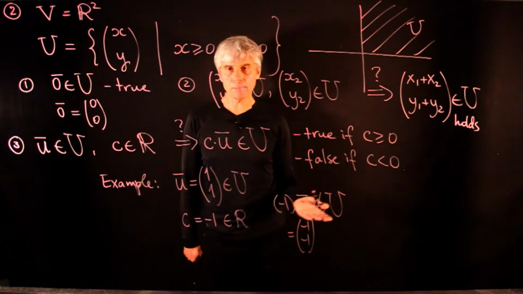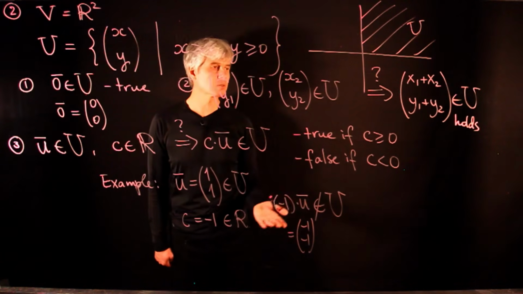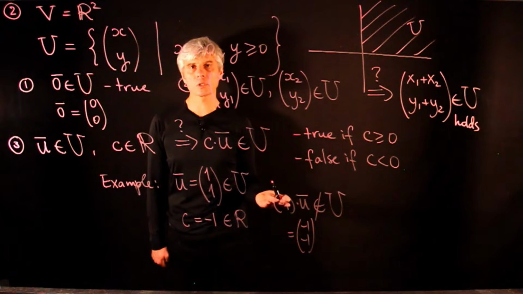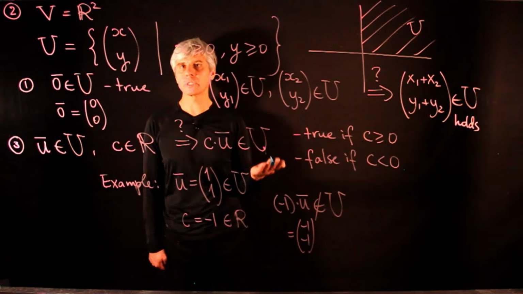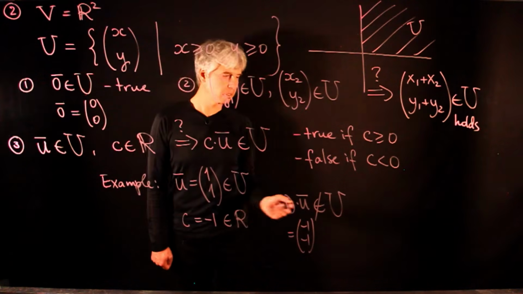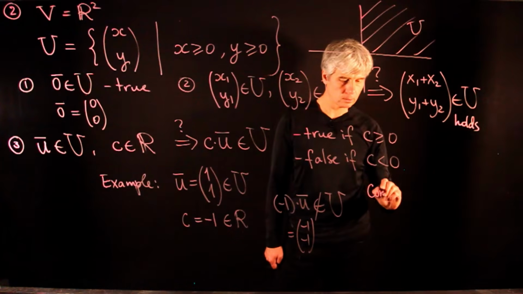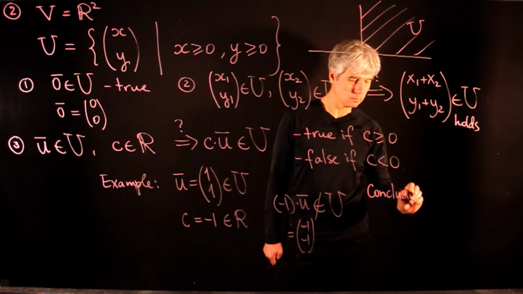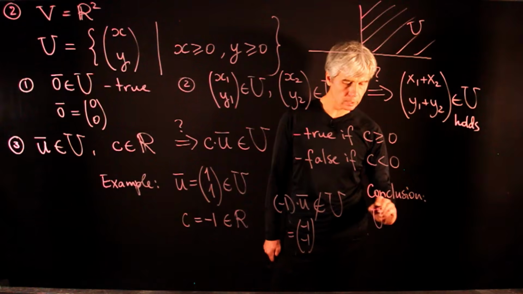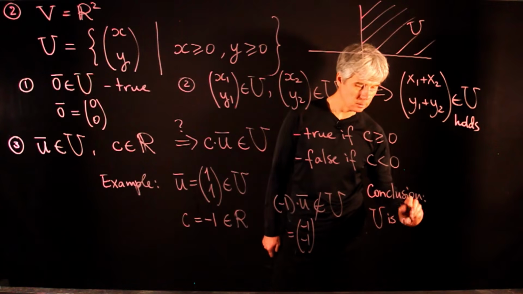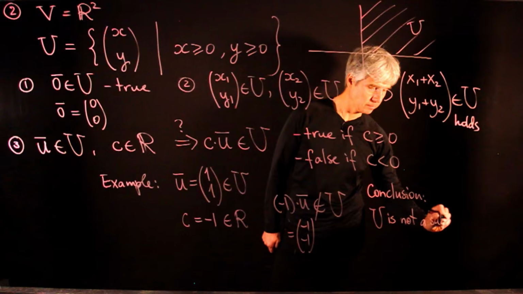And if one property fails in a single instance, this means that the properties of a subspace do not hold in general for this subset. And so the conclusion is that U is not a subspace.